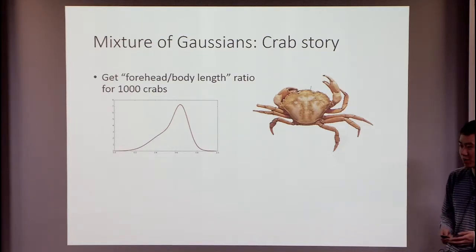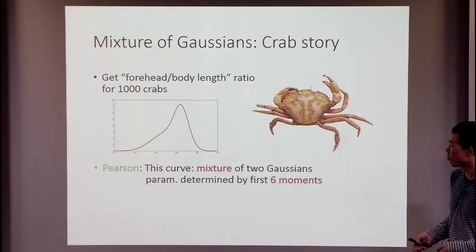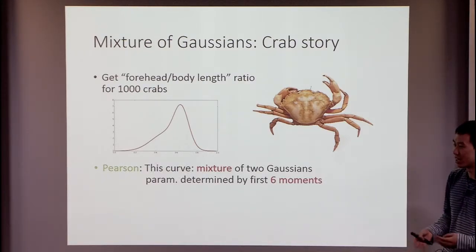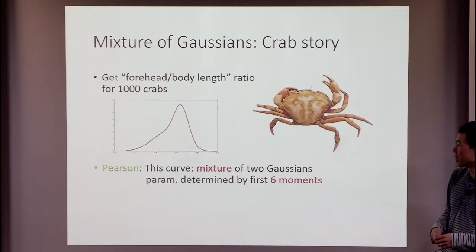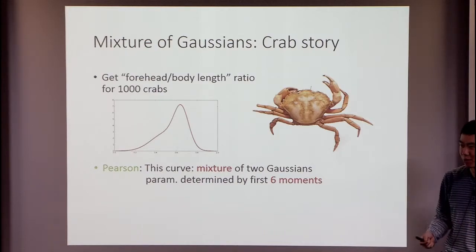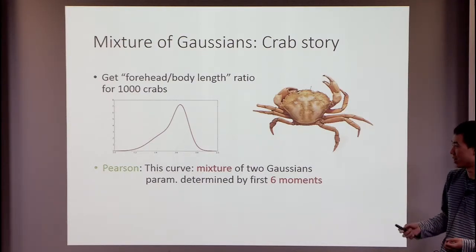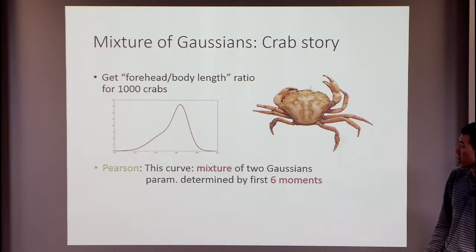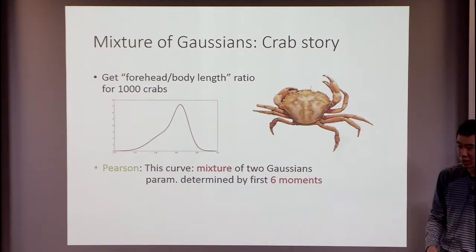The idea they had is that maybe the 1,000 crabs he caught are not just one kind of crab. It might be two different species of crabs. If you can distinguish them, each kind of crab, when you measure this ratio, will be distributed like a Gaussian distribution.